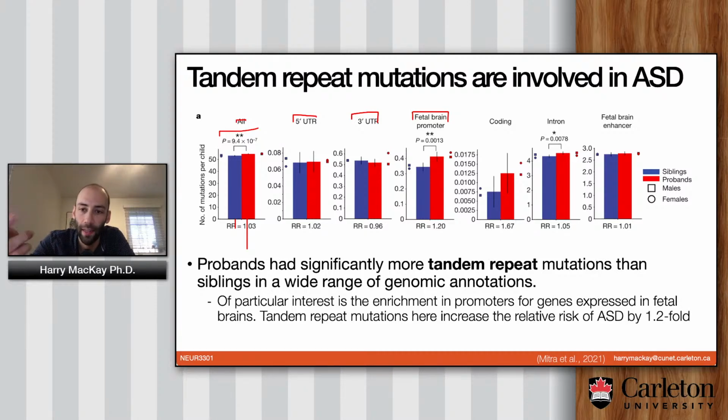Now, this is quite telling because we think that ASD is a neurodevelopmental disorder. So if the mutations are all concentrated in parts of the genome that control the expression of genes involved in fetal brain development, you have this perfect story where the mutations affect brain development during young life, and then of course if your brain doesn't develop the typical way when you're very, very young, it's permanently going to be different.